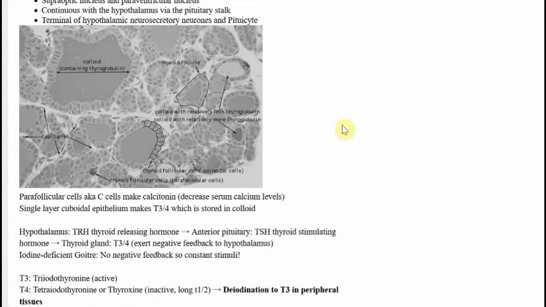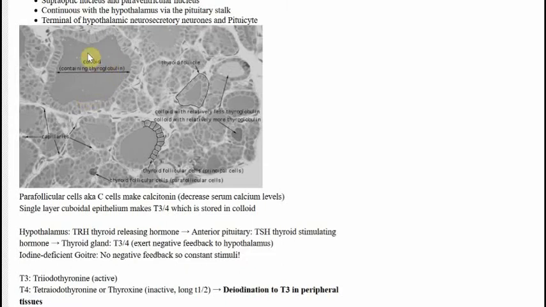The predominant cell in the thyroid gland are the follicular cells. Okay, follicular cells, and then there's the colloid. The follicular cells produce thyroid hormone itself through an enzyme called thyroid peroxidase.